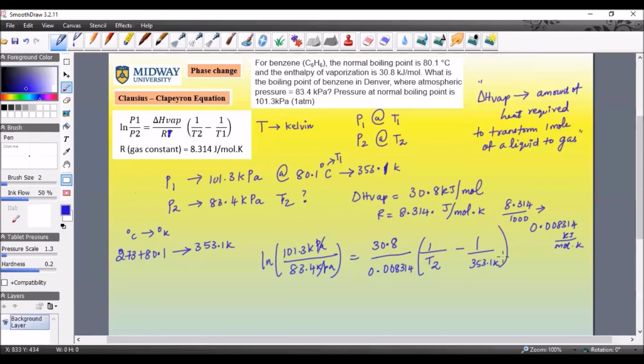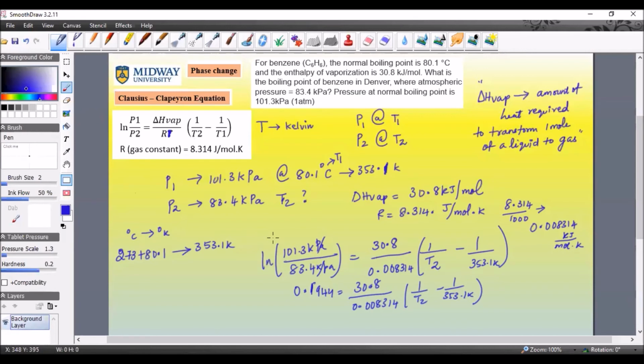Let's go ahead and solve this. 101.3 divided by 83.4, and then we take the natural log of the answer. This side is 0.1944, equals 30.8 over 0.008314, times 1 over T2 minus 1 over 353.1 Kelvin.